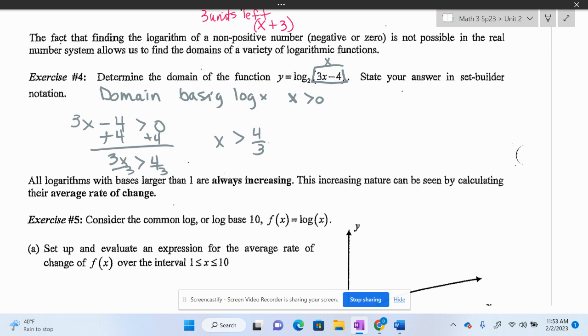That's my domain. It says to write your answer in set builder notation. So my domain, which is usually represented like this, D with a colon, thank you so much. And then I'm going to do a squiggly bracket.